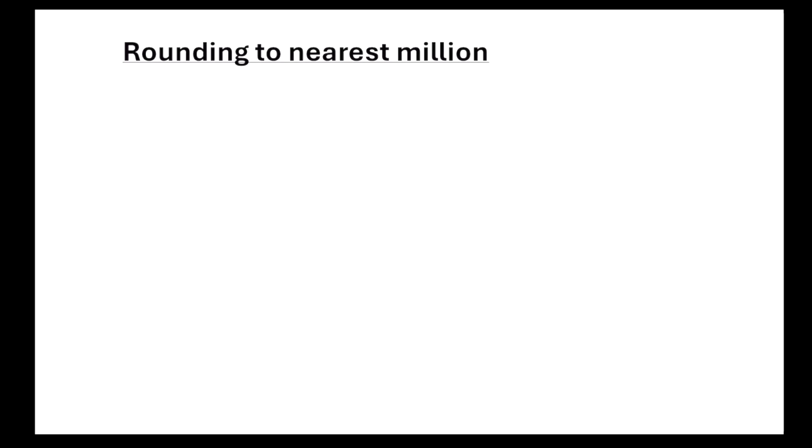Let's take a number, 5,602,103. So step 1, find what is the millions place digit and put a small line. Ones is 3, tens 0, hundreds 1, thousands place digit is 2, 10,000 place digit is 0, 100,000 place digit is 6, and million digit is 5.